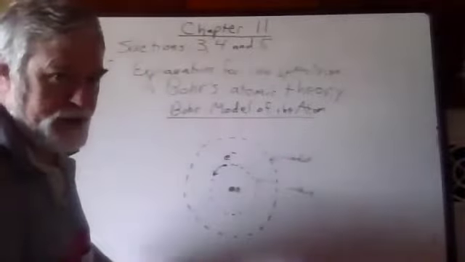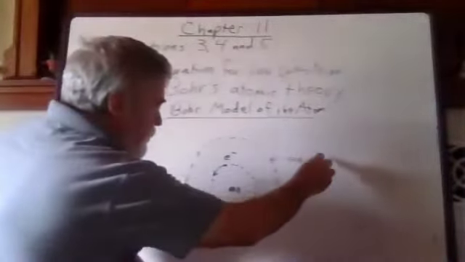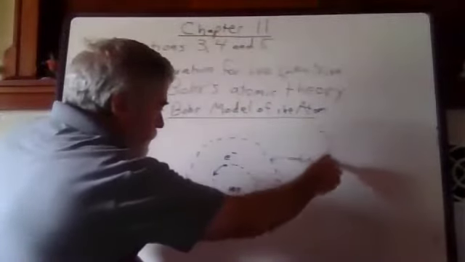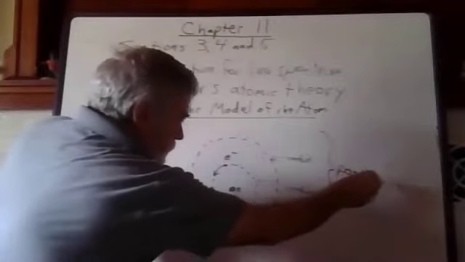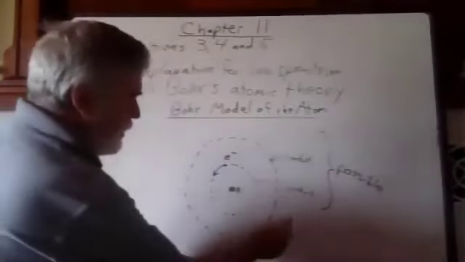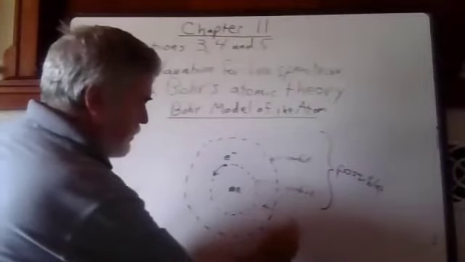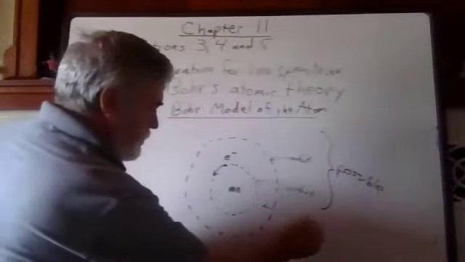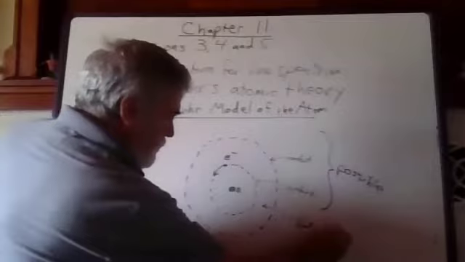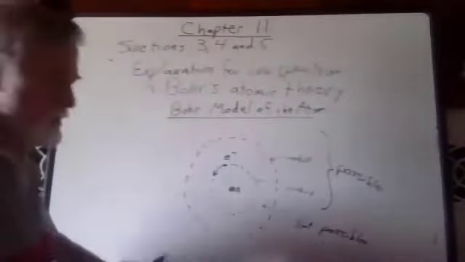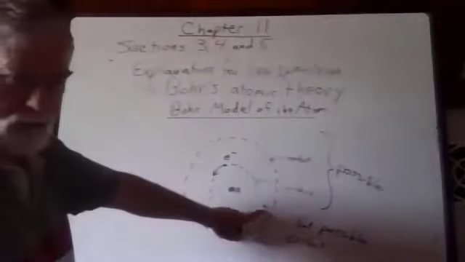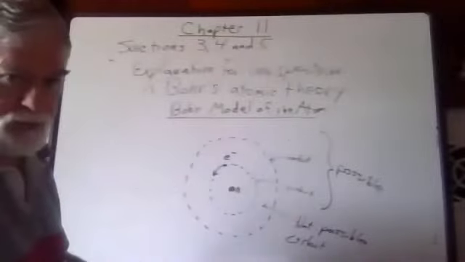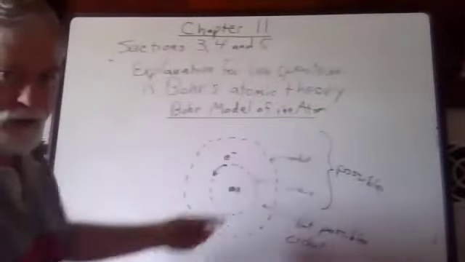Both of those orbits are possible. Okay. This location, though, this is not possible for the Bohr atom. So that's not a possible orbit in the middle here. I didn't even draw it, but it wouldn't be possible for it to be there. It can only be here or there.